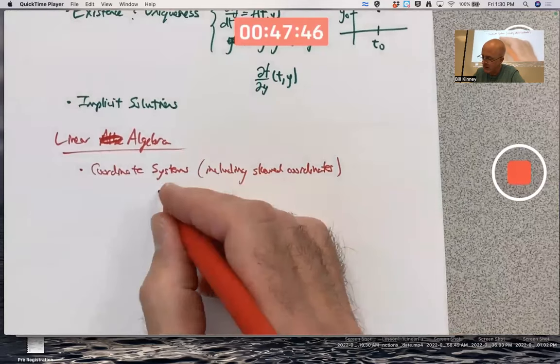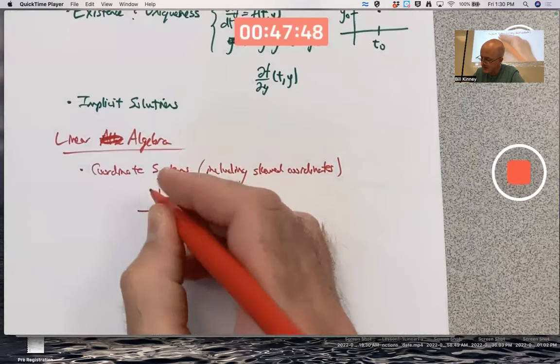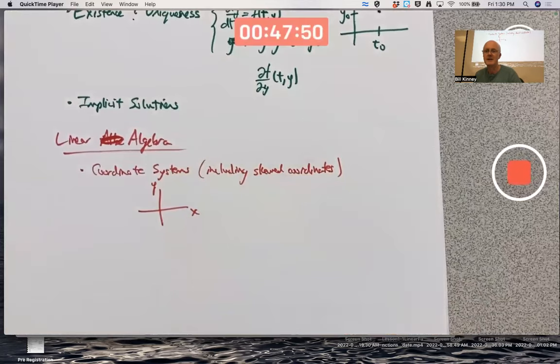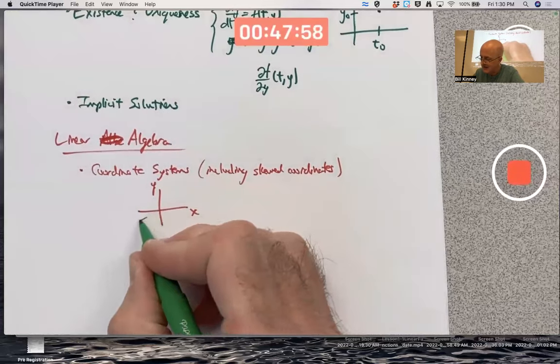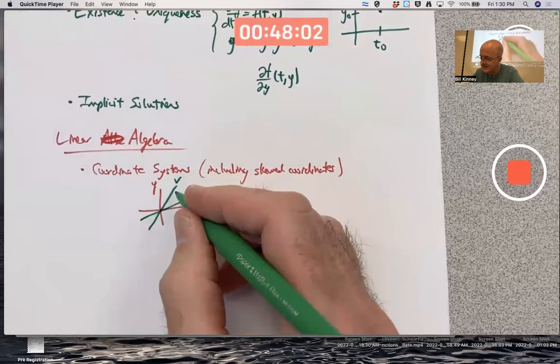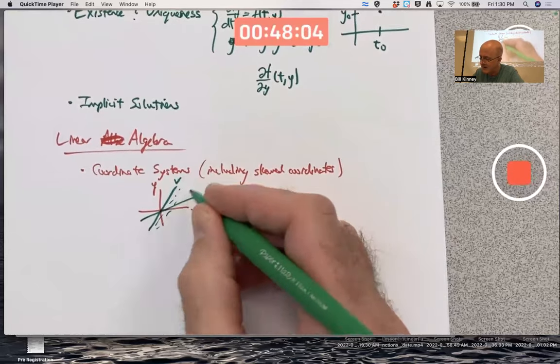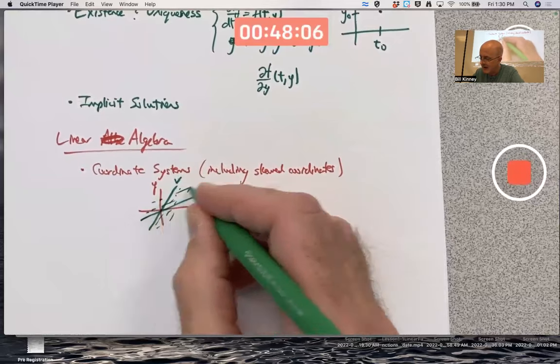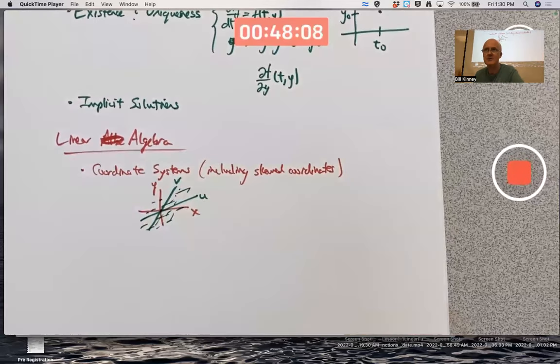You've got an XY coordinate system describing points in the plane, but your axes don't have to be horizontal and vertical, and they actually don't have to be at 90-degree angles from each other. You could add a U-axis and a V-axis like this, and that defines slanted graph paper that could also be used to identify points in the plane and make graphs and that kind of thing.